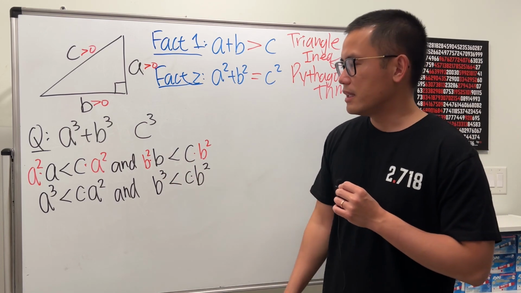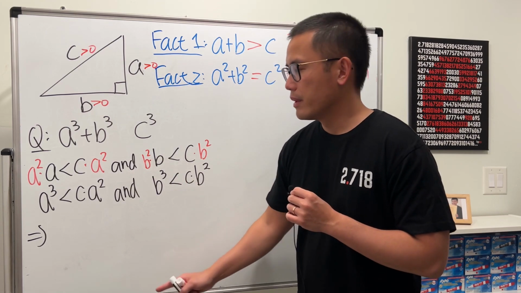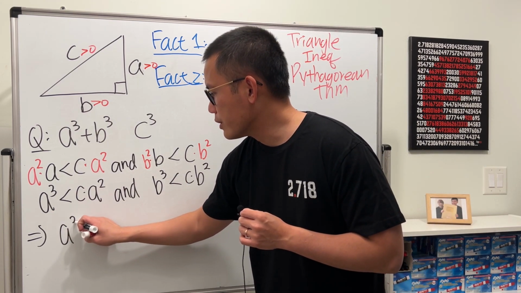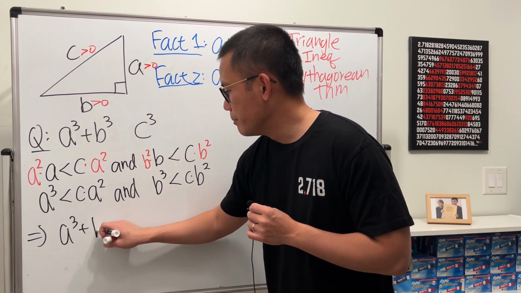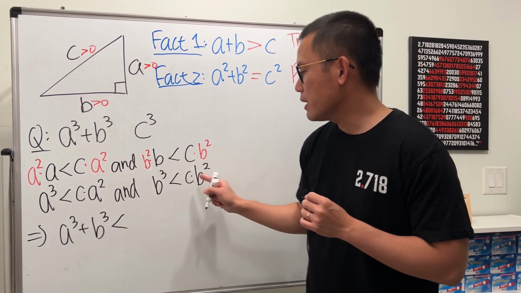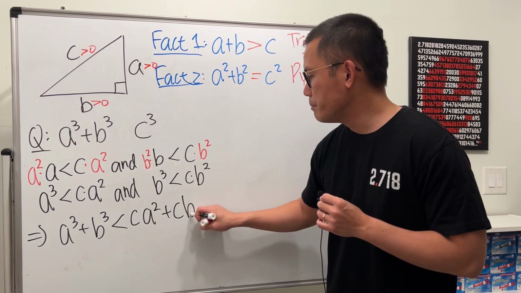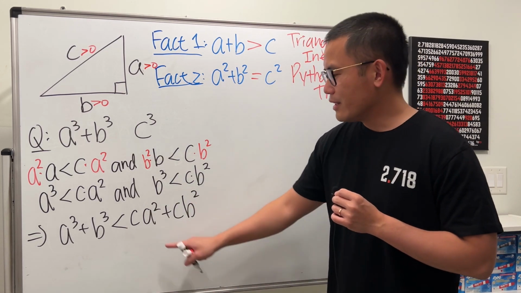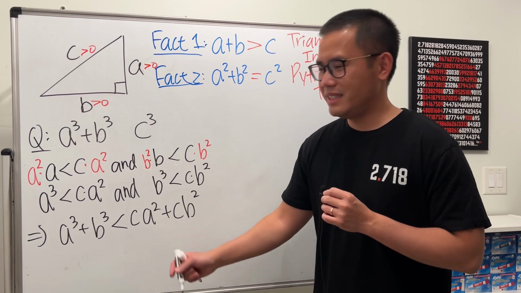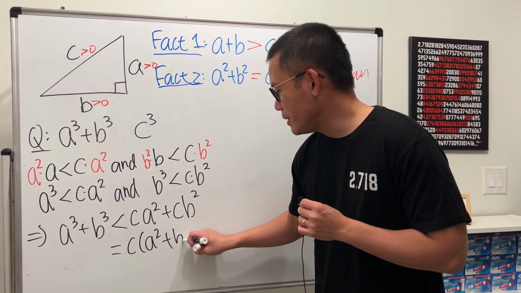Now, combine this and that. We can just go ahead and add them up. A to the third power plus B to the third power has to be less than CA squared plus CB squared. And of course, they both have C, so this is equal to C times A squared plus B squared.